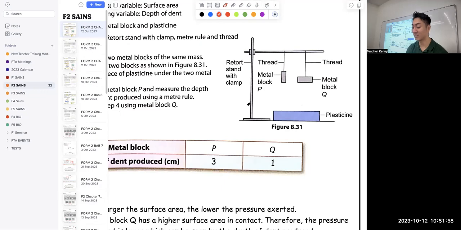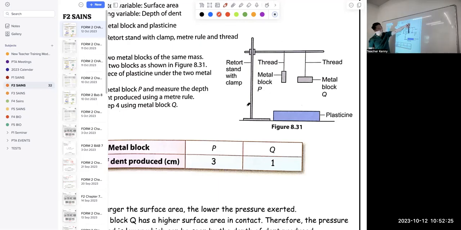The Play-Doh one, plasticine. Now, when both of them drop, what will they do to the plasticine? They will make a dent, make a hole, correct or not? Yeah, you can hole ma. So the question is this: P or Q, who will make a deeper hole? P or Q?